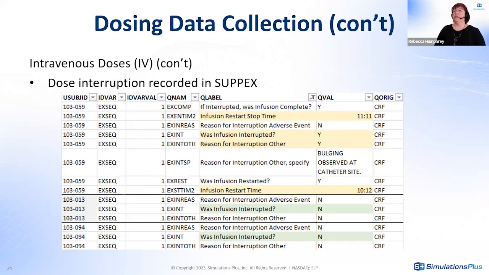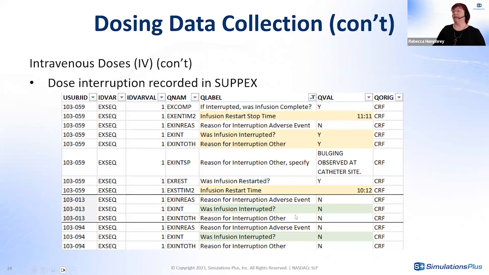Along with the EX data set, a supplemental EX data set was provided. In the supplemental EX data set, information about infusion interruption was provided. So you can see that for the first subject, there was an infusion interruption, but for the second 2, there was no interruption, represented by these no flags.